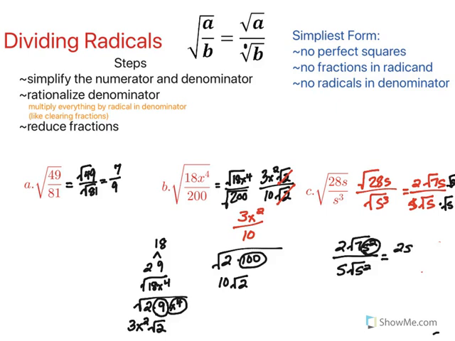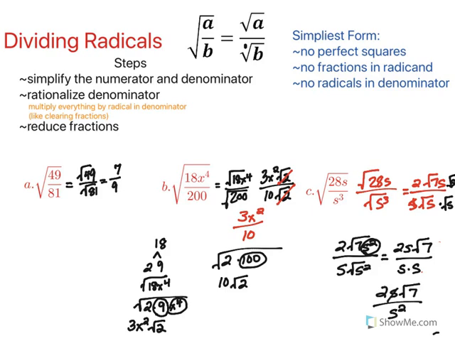That'd be 2s and the square root of 7. And same thing here. This would be s times s now, since the square root of s squared is s. And so what we end up with is 2s square root of 7 over s squared.